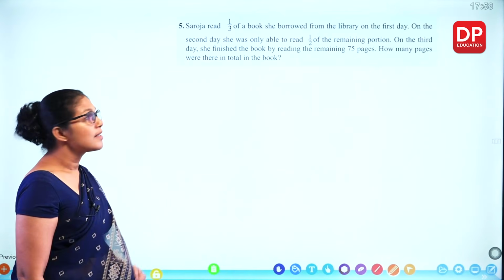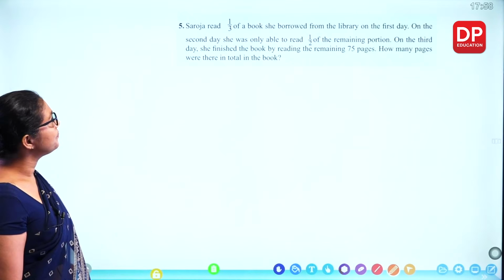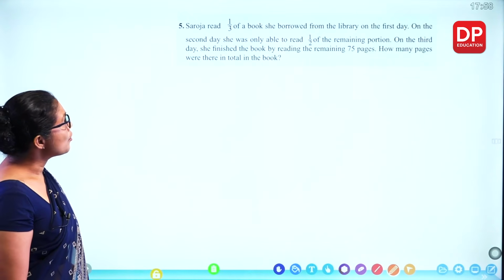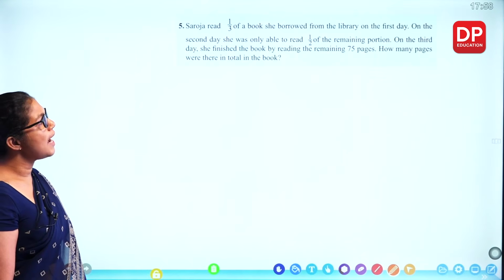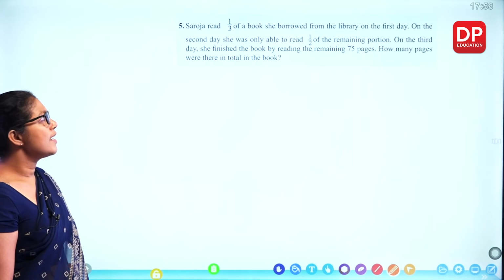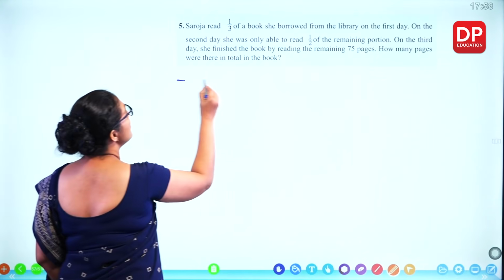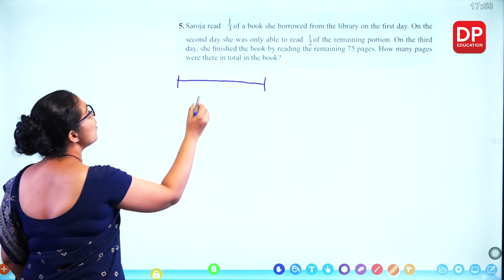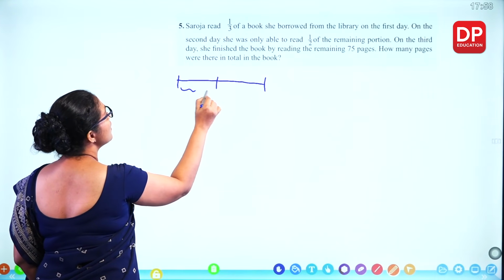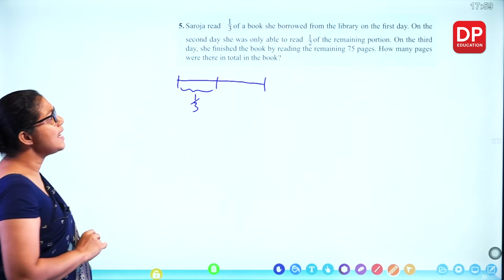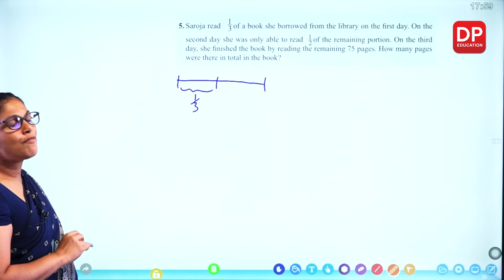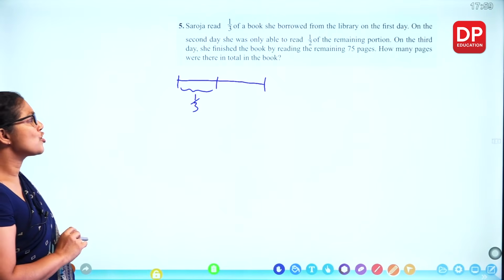Now we'll take the 5th question. Saroja read 1/3 of a book she borrowed from the library on the first day. So here, if this is the full book, 1/3 of the book she read on the first day. On the second day, she was only able to read half of the remaining portion.